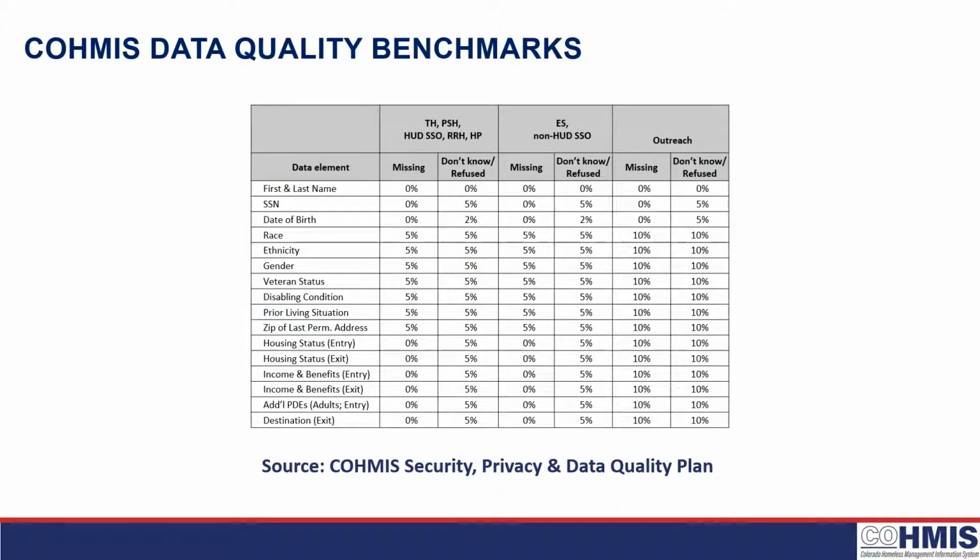This slide contains the Colorado HMIS data quality benchmarks. So these are the goals we're trying to hit for all data elements by project type in terms of acceptable missing or don't know and refuse response options for our client data. So we set our benchmarks very high because it's important to have complete and accurate data about the clients that we serve.